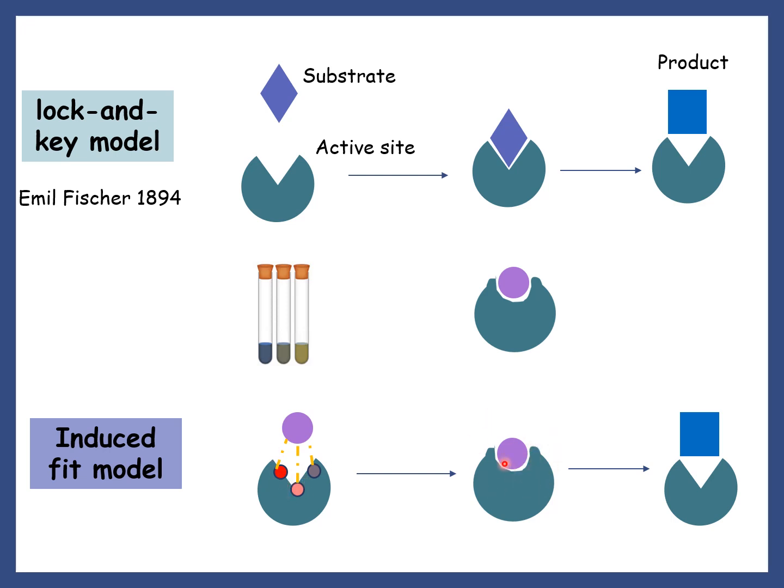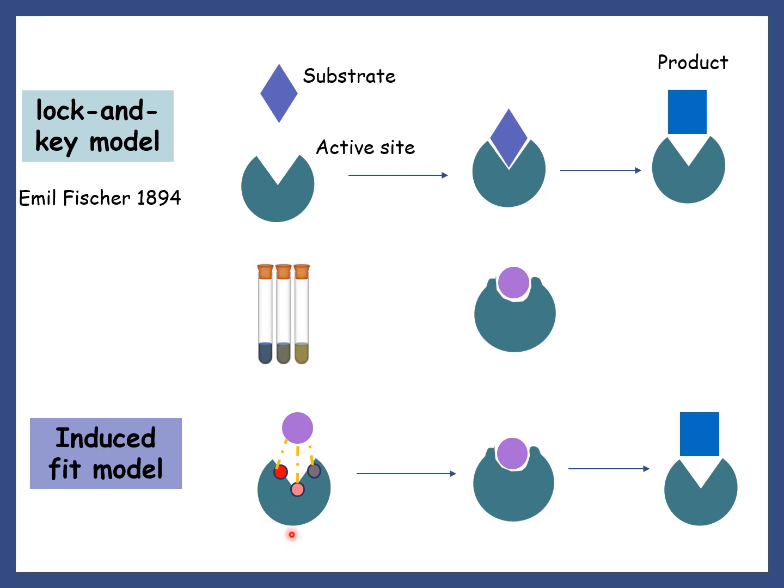And this interaction with the substrate actually induces the conformational change in the active site, and then it adapts and binds with the substrate. And when a product is released, the enzyme is restored back to its unbound conformation. So the active site would be restored back to its unbound conformation, ready to bind to a new substrate molecule.